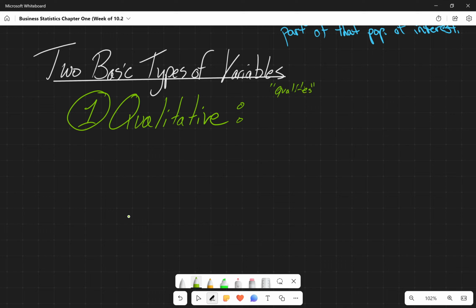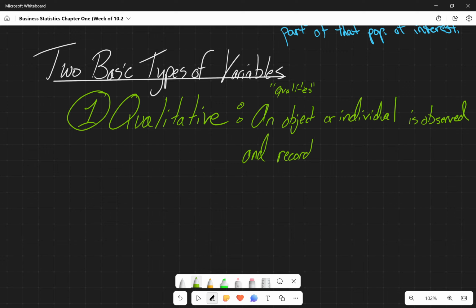All right, so this is an object or individual that is then observed, and the object or individual or the characteristic is then recorded as a non-numeric characteristic or attribute.